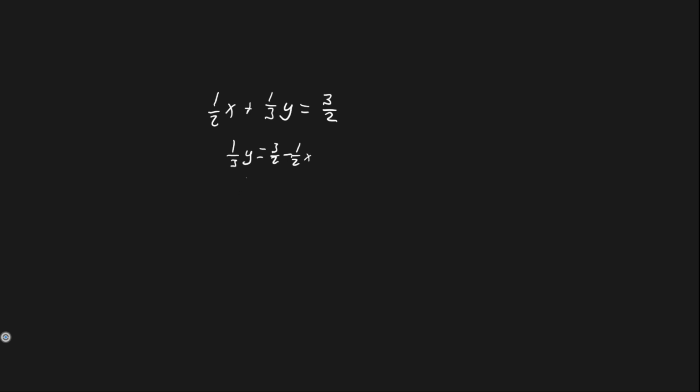And now to get y by itself, we multiply by 3 to get y is equal to 9 over 2 minus 3 over 2x, where we could see that m is equal to negative 3 over 2 and b is equal to 9 over 2.